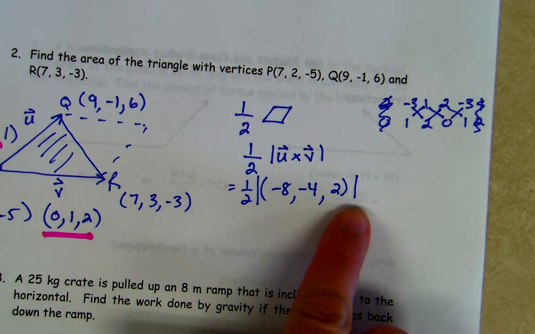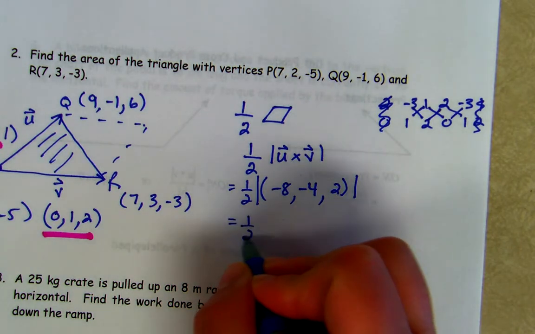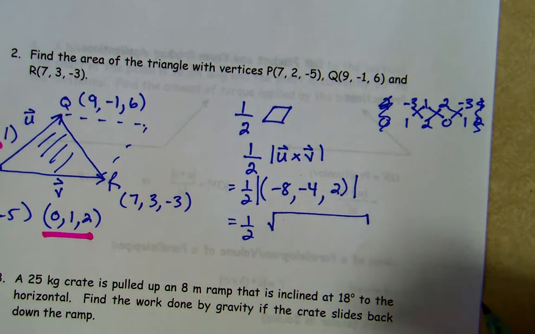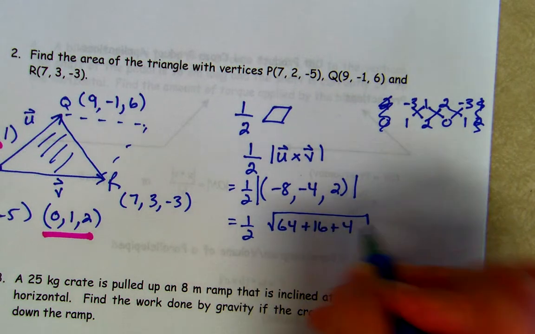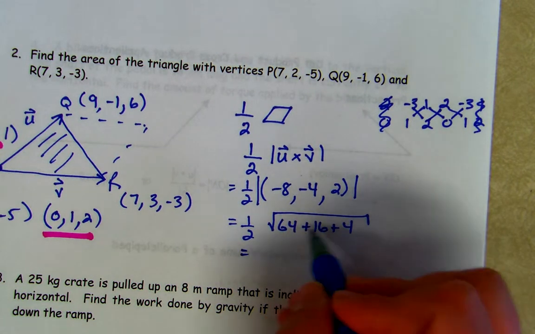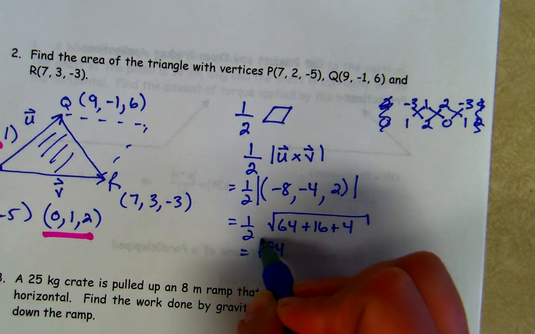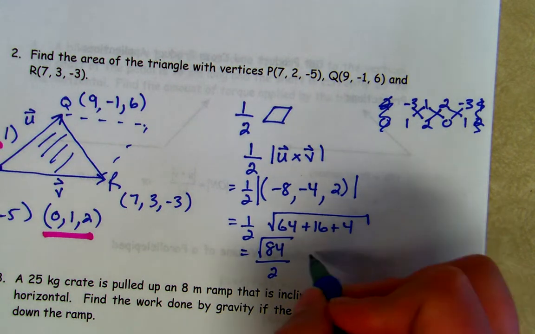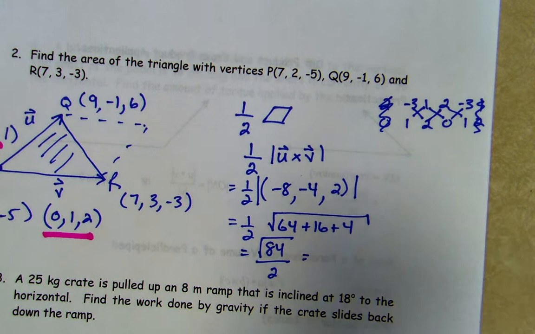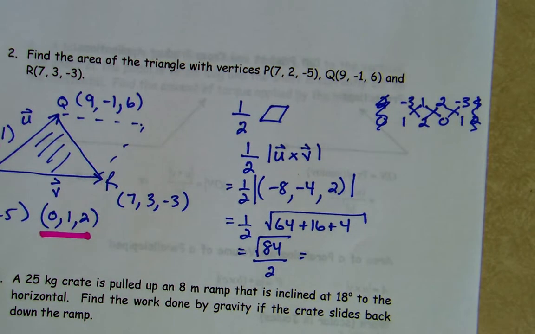So now I want the magnitude of this vector. Well, the magnitude is just using the extended Pythagorean theorem. So it's going to be 64 plus 16 plus 4, so that's going to be root 84 over 2. Well, we always reduce our roots into lowest terms. Does 16 go into 84?